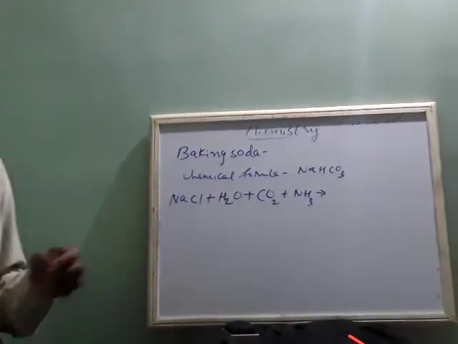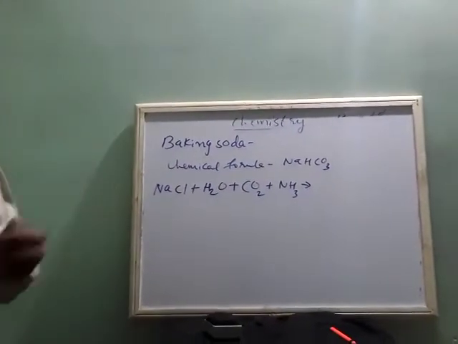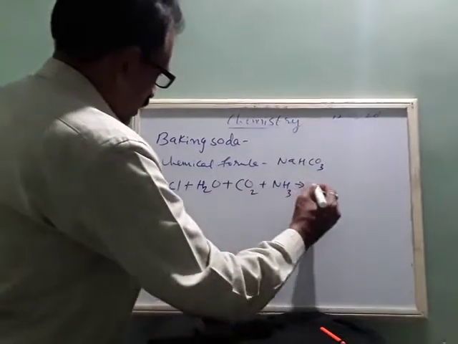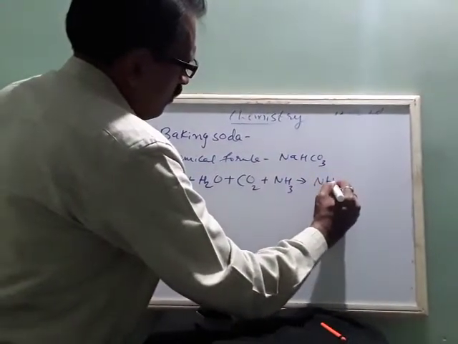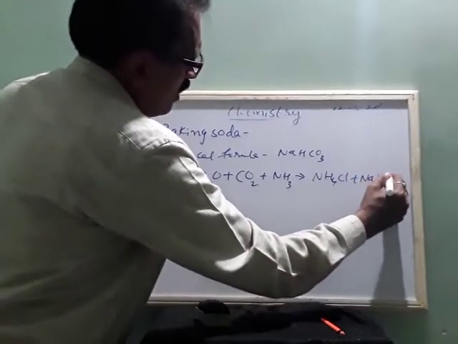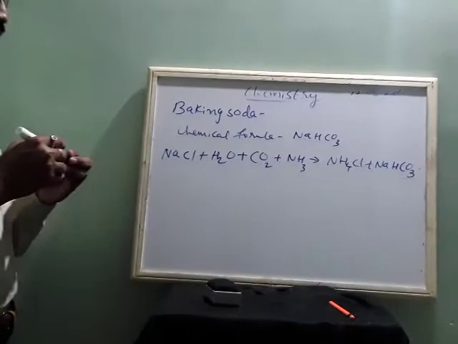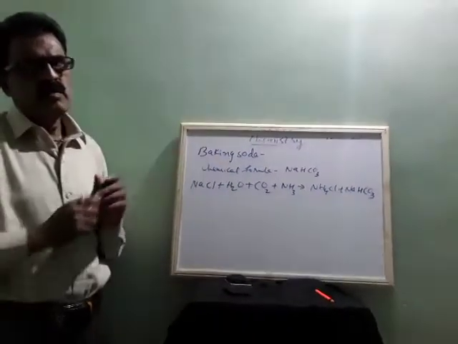Okay, so from this reaction we obtain two chemicals. One is sodium bicarbonate, one is ammonium chloride. Okay, so what are the properties of sodium bicarbonate?